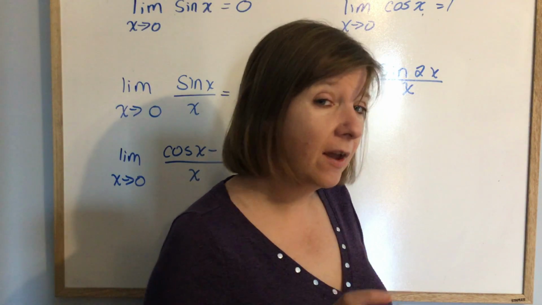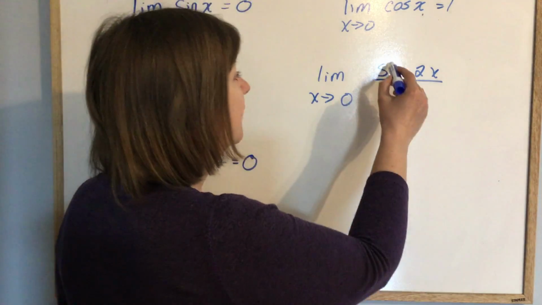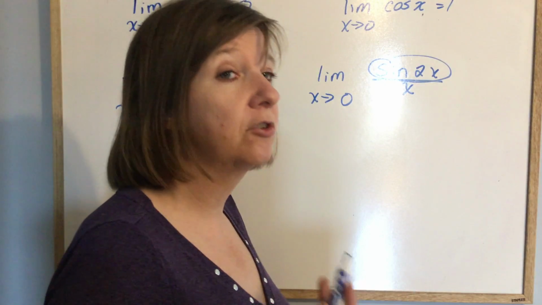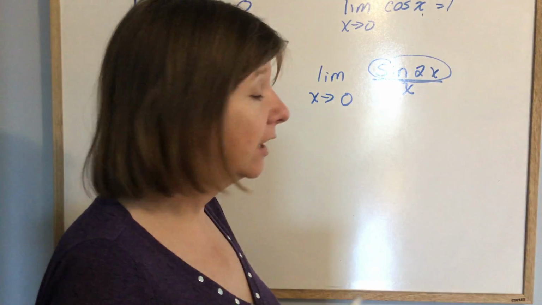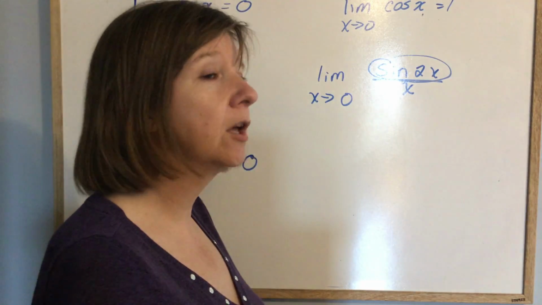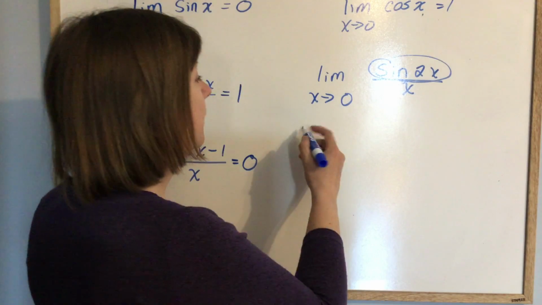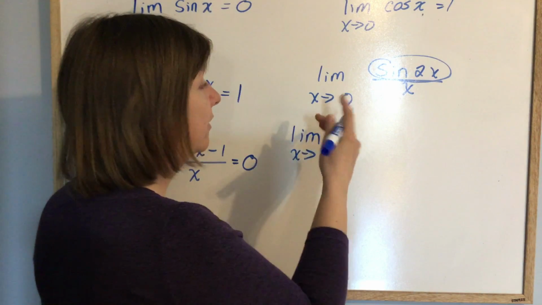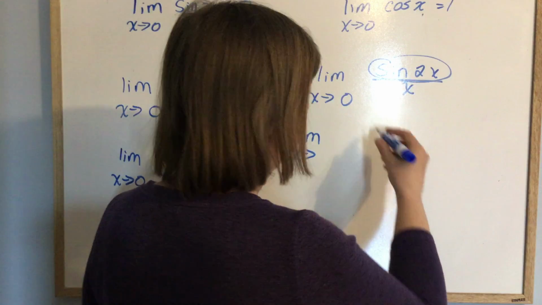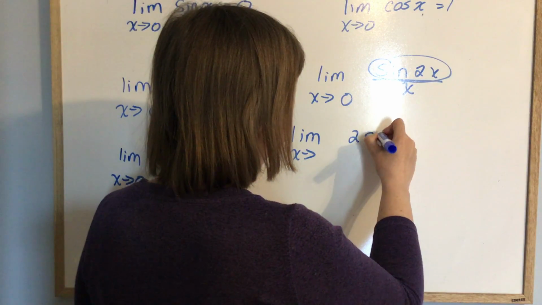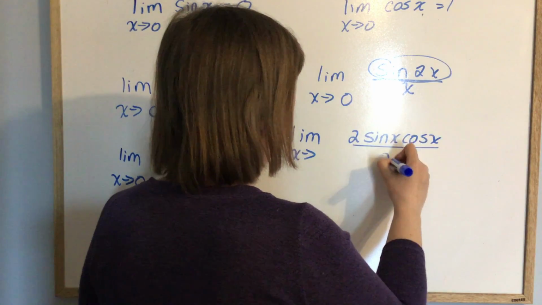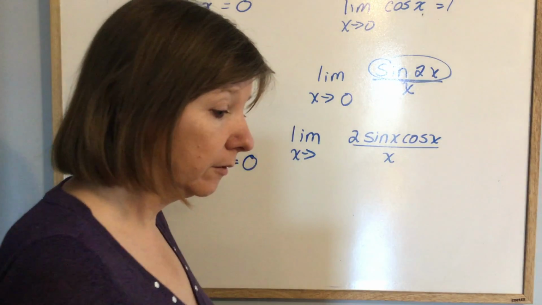All right, here's how I would use this. Sine 2x, that's one of those double angle identities you had on your sheet. And again, I'm not asking you to memorize these all over again. But you had on your sheet that sine 2x is really 2 sine x cos x all over x. All right?